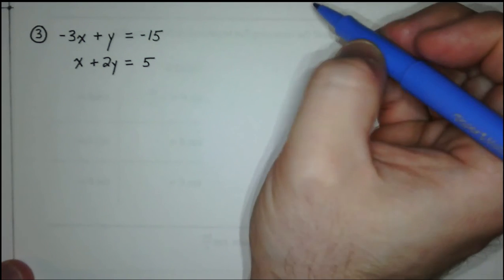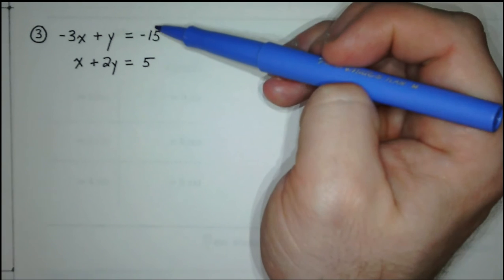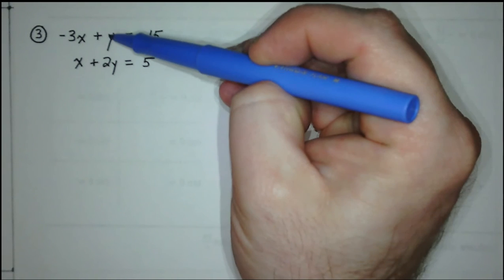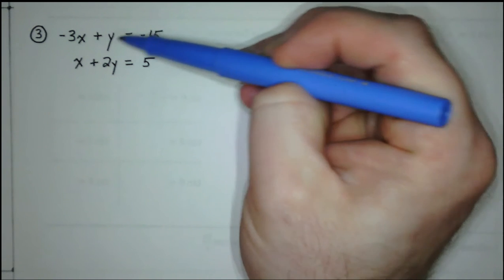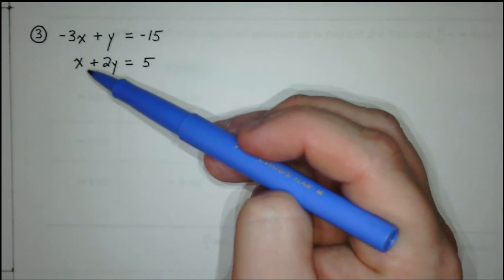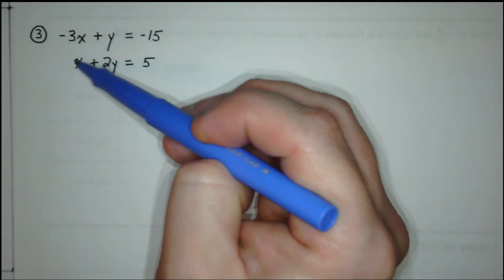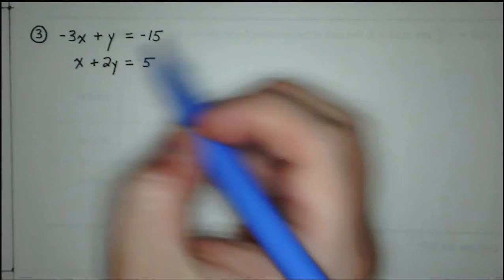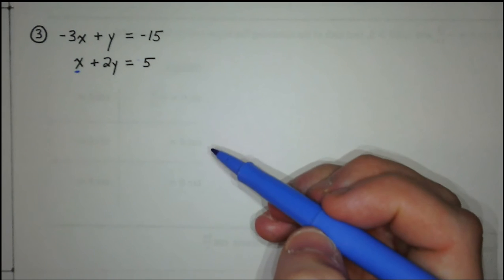So if I were you, I would notice that it would be pretty quick and easy and clean to get that y by itself in this equation, or it would be just as clean and simple to get x by itself in the second equation. I'm just going to go ahead and choose this one. I'm going to get x by itself.